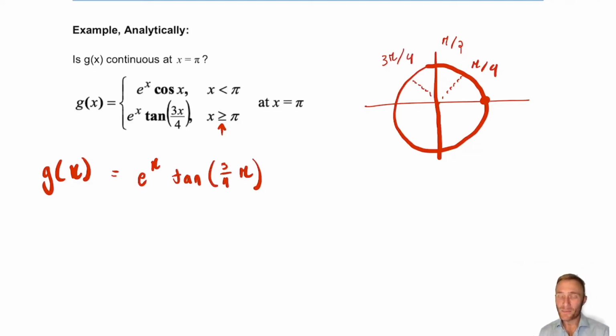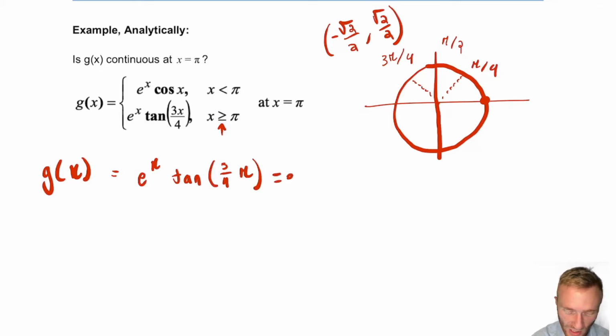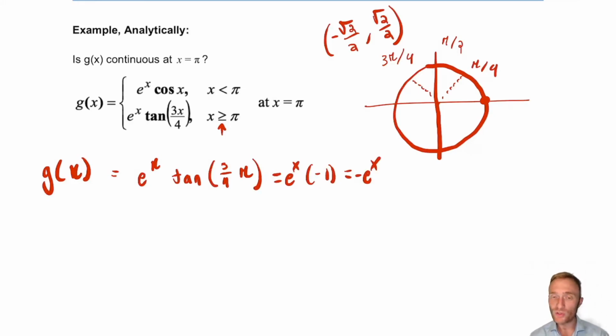In this case, it's not actually necessary that I remember that these two coordinates are cosine -√2/2 and sine √2/2. As long as I remember that they're the same and that tangent is sine over cosine, I know that this is -1. So this is e to the pi times -1. Don't freak out about that yet. You'll just get better at it throughout the year. But using the unit circle there, that's -e to the pi. So we have part 1.